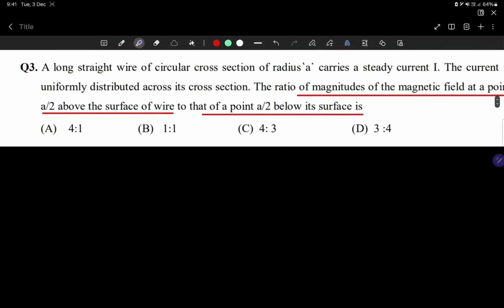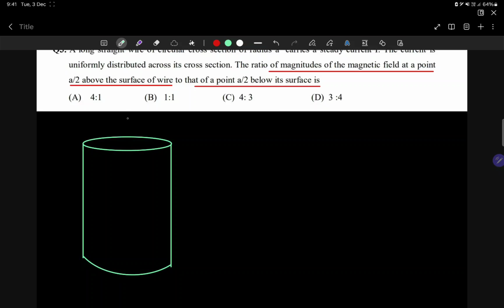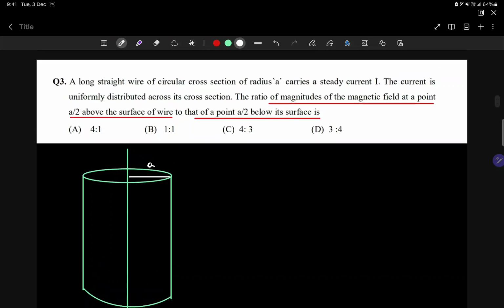So as per this question number 3, a long solid wire of circular cross section of radius a carries a current I. That means you have to draw the diagram. So this is the solid cylindrical wire and this is the axis. This is your radius a as per the given question.